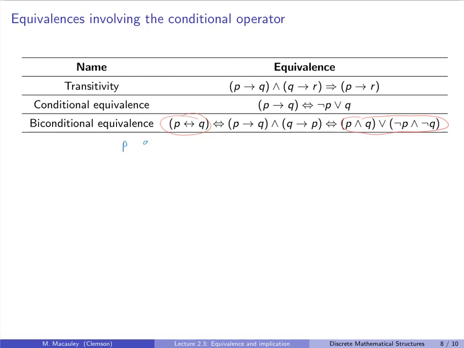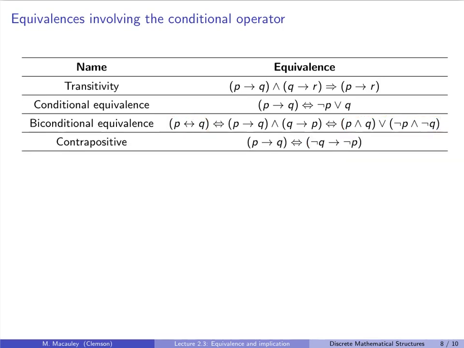P, Q, 0, 0, 0, 1, 1, 0, 1, 1. We know that P implies Q is only false when 1 implies 0. We know that because that's not true. So otherwise, it's ones. And similarly, Q implies P is going to look like this. And so if you AND these things together, you get 1 precisely when either both Q and P are 0, or both of them are 1.